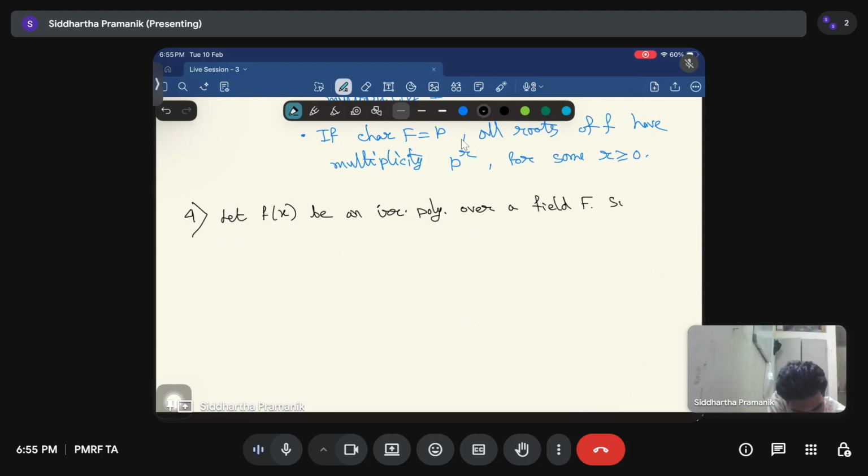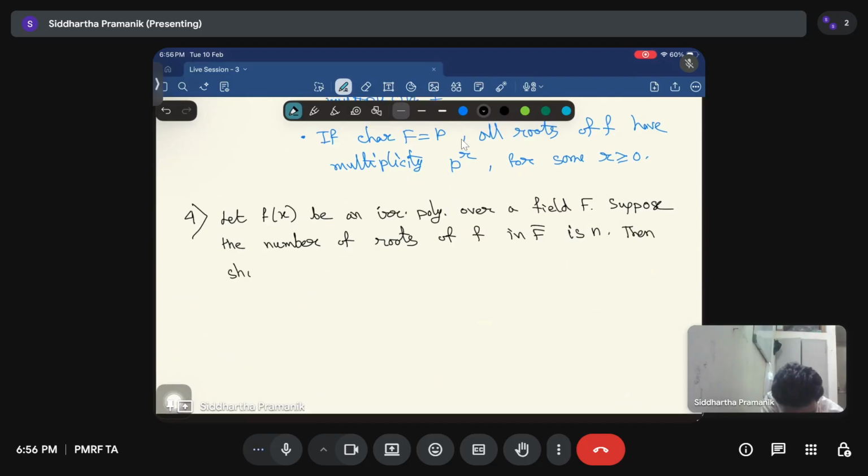and suppose the number of roots of f in F bar is n. Then show that this n must divide the degree of f.